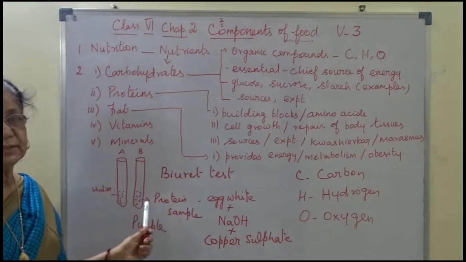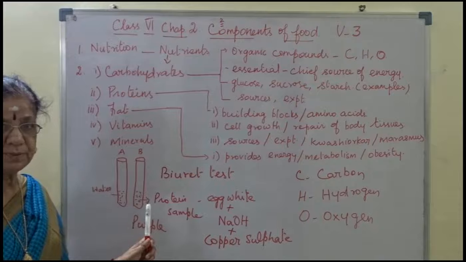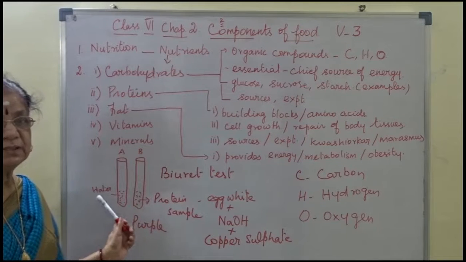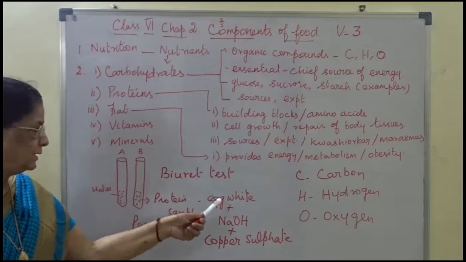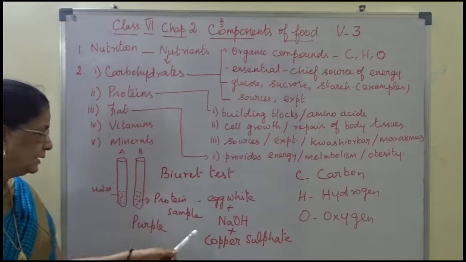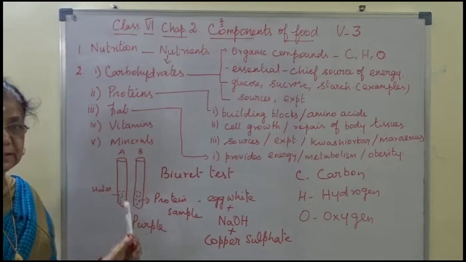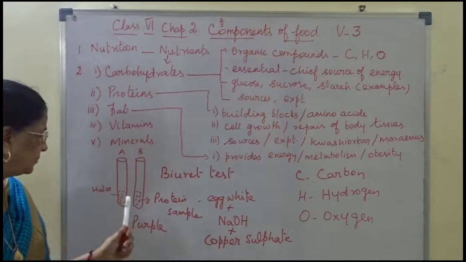You take 2 test tubes, name them test tube A and test tube B. In test tube A, you add a little rice flour with water, and in the other you add the protein sample, egg white. Then add sodium hydroxide in both test tubes. Then add copper sulfate drop by drop in both.